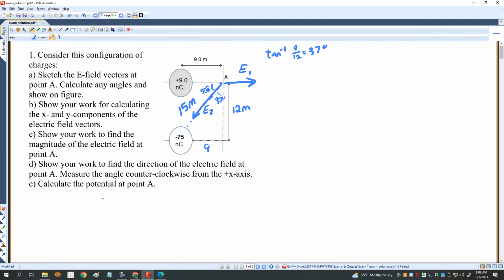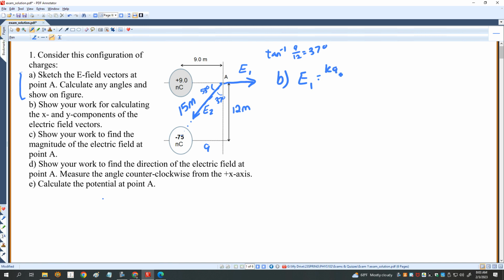So thus sketching the E-field vectors, that's part A. I have the angles shown, I have the vectors shown. Now I want to show your work for calculating the x and y components of those vectors. So first we need to calculate what is E1.